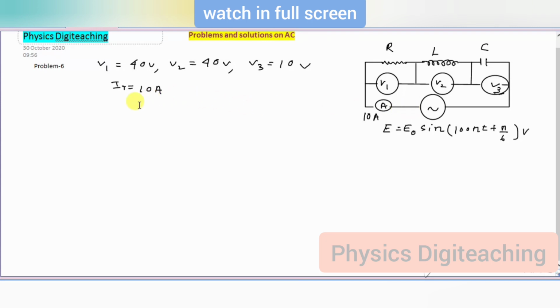The reading of the ammeter is 10 ampere and the readings of 3 voltmeters V1, V2 and V3 are respectively 40 volt, 40 volt and 10 volt. We have to find out first the peak value of current.